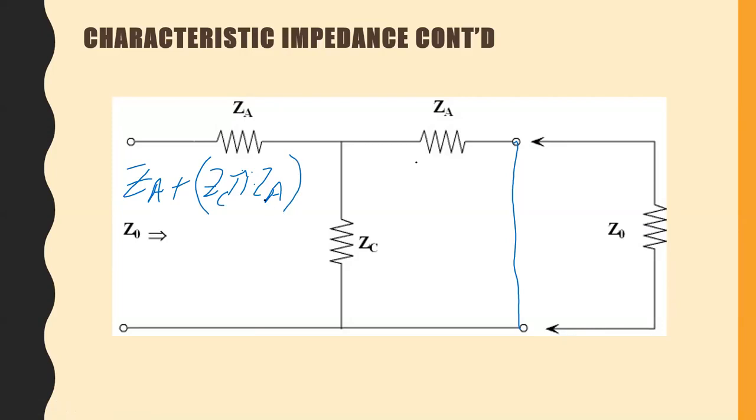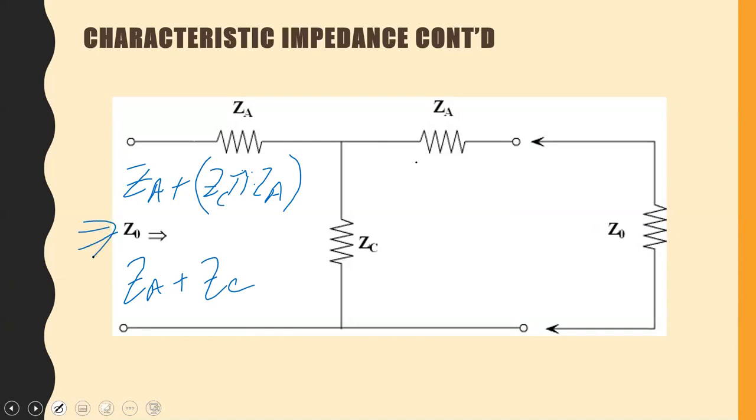If I were to leave it open, then the impedance would be ZA plus ZC, because if you are looking in here, it will just be ZA plus ZC if this is open. And if it is closed, then it would be ZA in series with ZA and ZC in parallel. All right? Yes, sir.